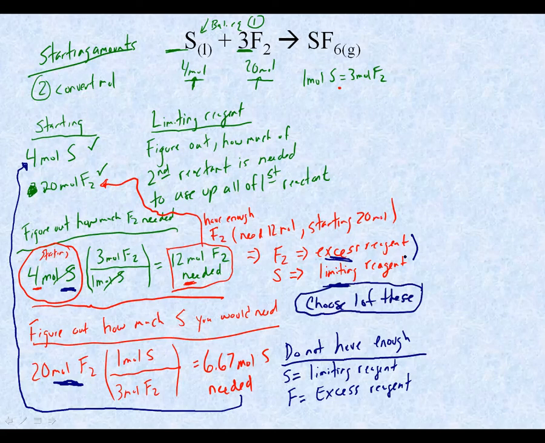So just to finish up this little part here, why this is really important is, as we talked about before, it is the limiting reagent that determines how much product you'll produce.